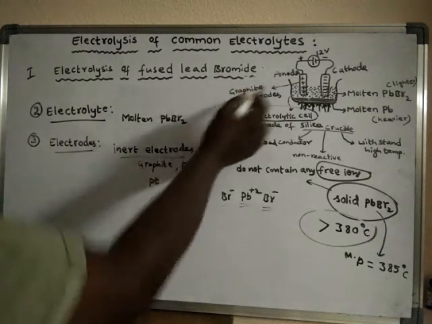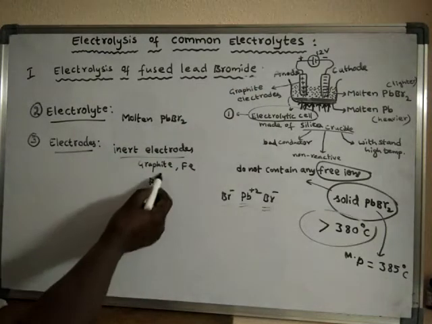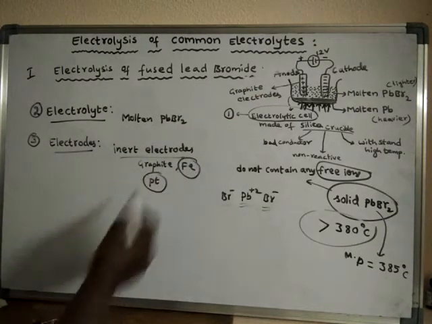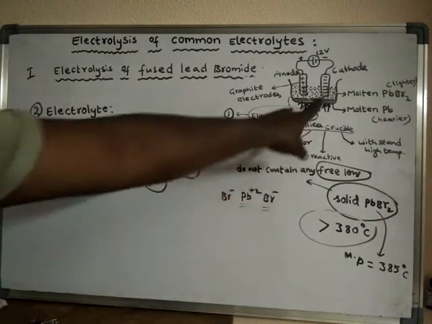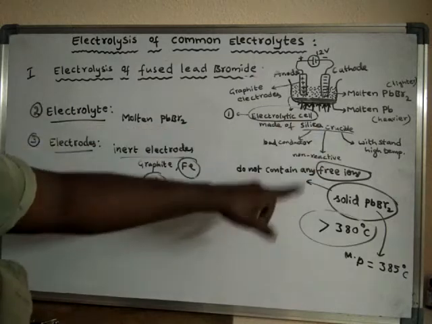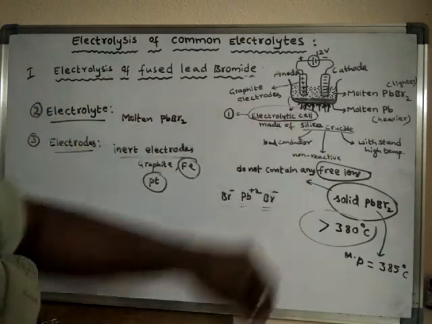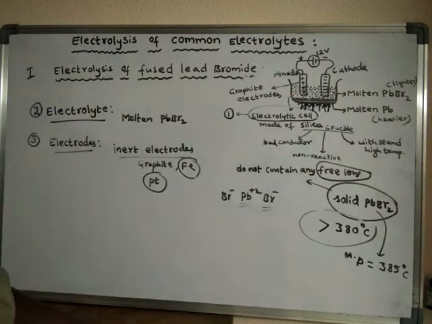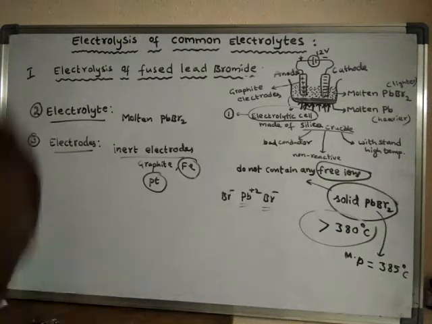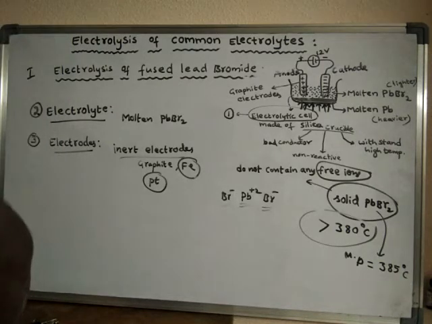But in this particular case, platinum or iron electrodes cannot be used, because they will react with the bromine which is formed during the reaction. During electrolysis, bromine gas, reddish vapors, is formed at the anode.